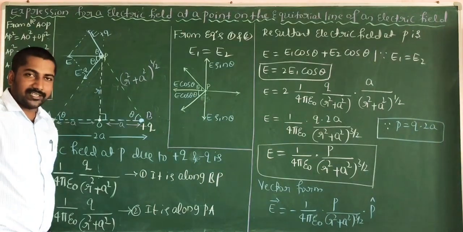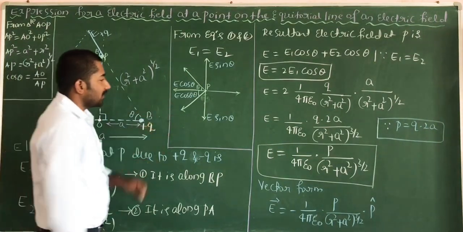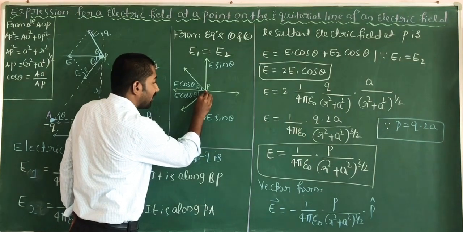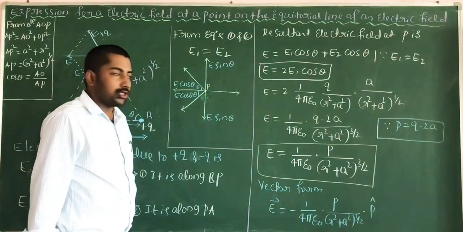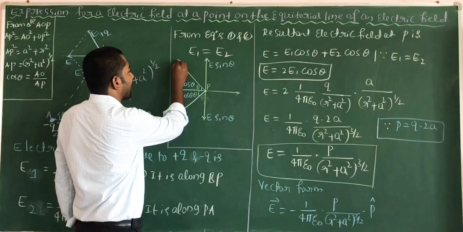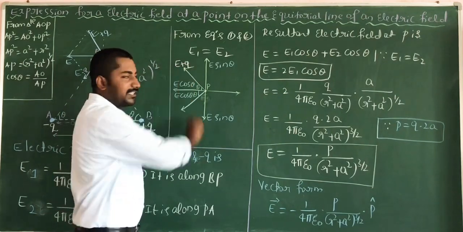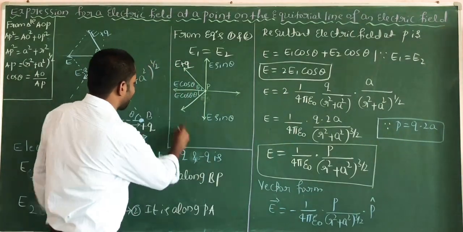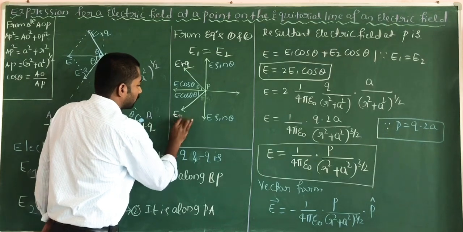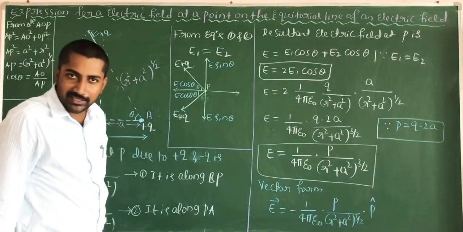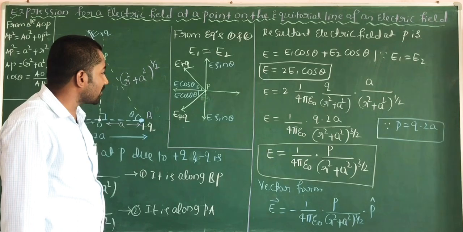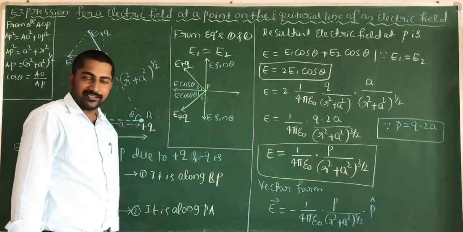This is the electric field due to the positive charge, and that is the electric field due to the negative charge, which makes a certain angle theta.